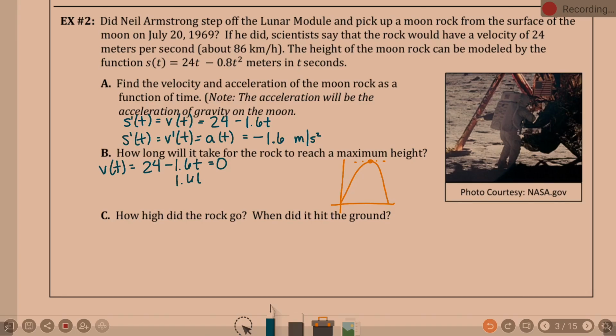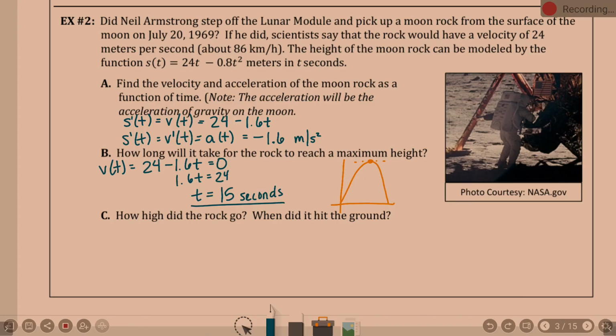Whatever 24 divided by 1.6 is. I agree. And according to my notes, it's 15. And the label is seconds. So how long will it take for the rock to reach a maximum height? That is 15 seconds.